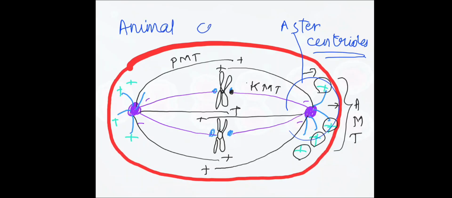In an animal cell you come across aster, and you come across centrioles at the pole, the centrosome. That centrosome is acting as a pole. It is made up of centrosome matrix plus centrioles.